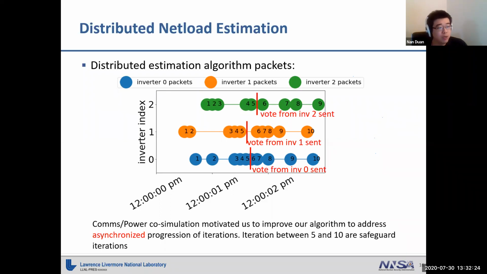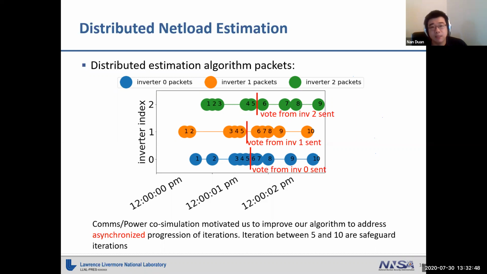And you also notice we put some buffer zone there because we are doing iterations in an asynchronous manner. So not every iteration is synchronized with other components. So we put a safeguard there. There is some heuristic in there.